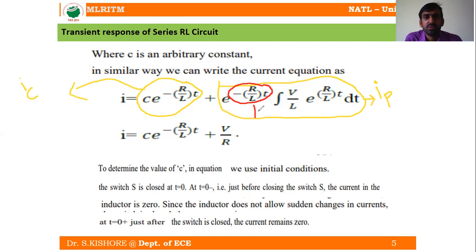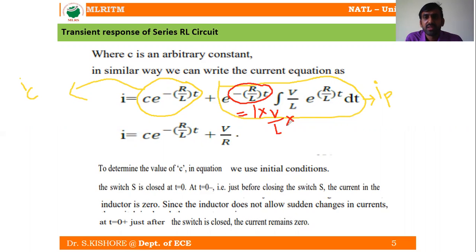So 1 into V by L as it is, and now V by L into the constant.